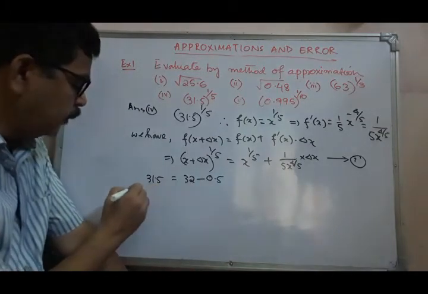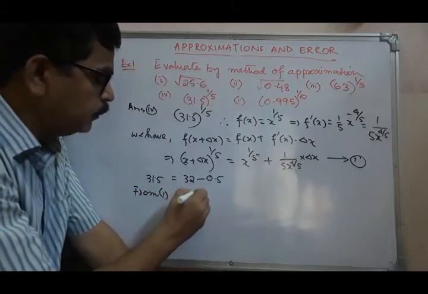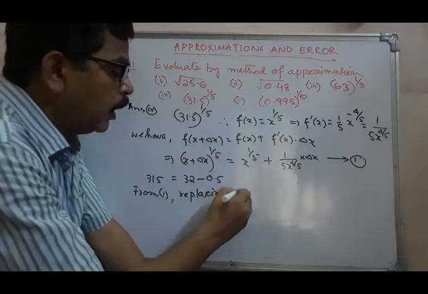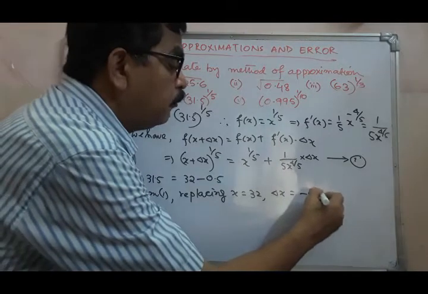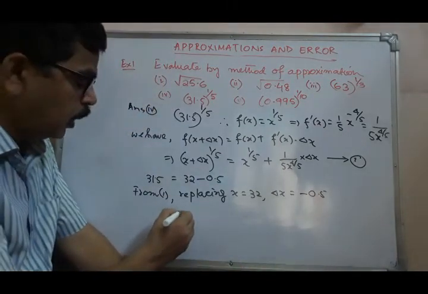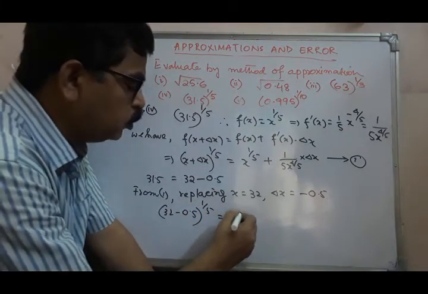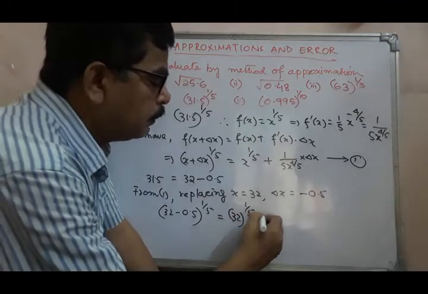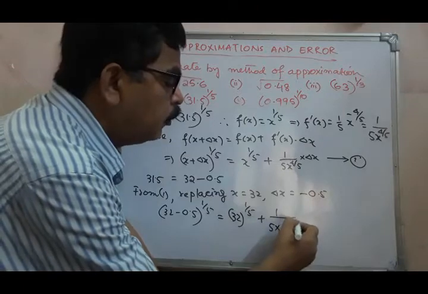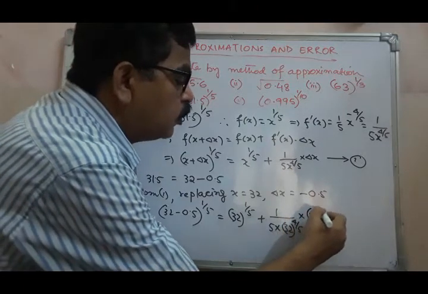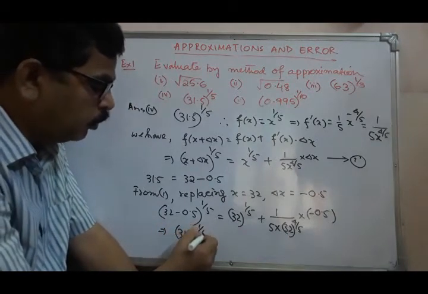So from 1, replacing x equal to 32 and delta x equal to minus 0.5, we get (32 minus 0.5) whole to the power 1 by 5 equal to 32 to the power 1 by 5 plus 1 by 5 into 32 to the power 4 by 5 into minus 0.5.